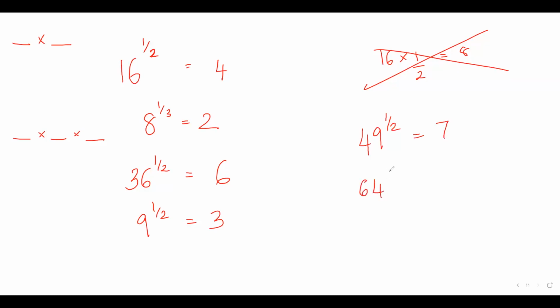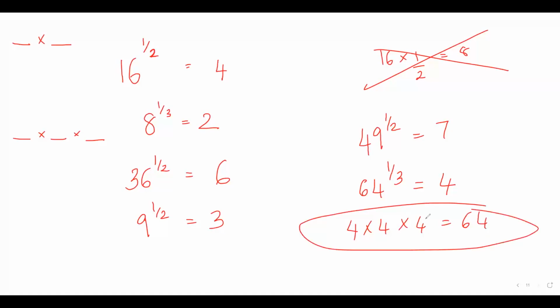What is 64 to the power 1 over 3? 4. Very good. Because guys, 4 into 4 into 4 only gives you 64. Is that clear? So I will be giving you a list of numbers for you to memorize for next week. Okay? Right. You have to be very thorough with that.